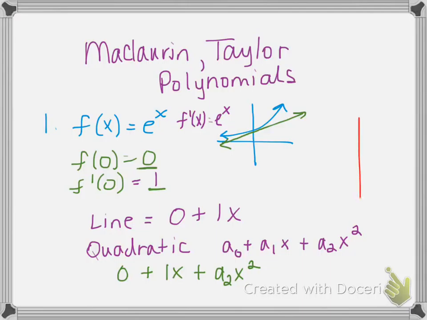Alright, so let's start again with e to the x. We're trying to approximate it by the parabola. Not only do we want the first derivatives to be the same, we also want the second derivatives to be the same. So if I found the first and second derivative of this thing, the first derivative is a1 plus 2a2x.